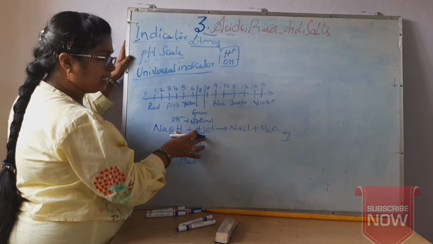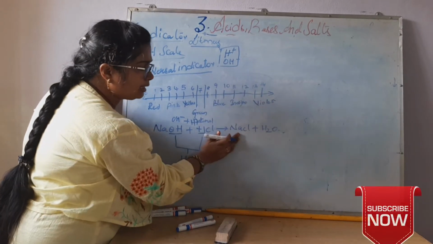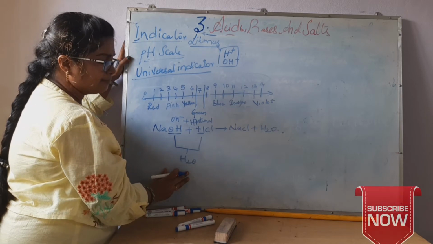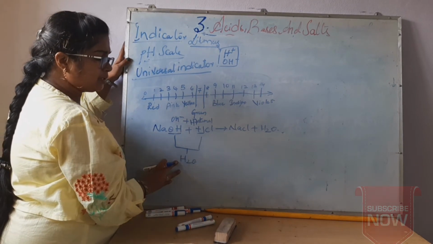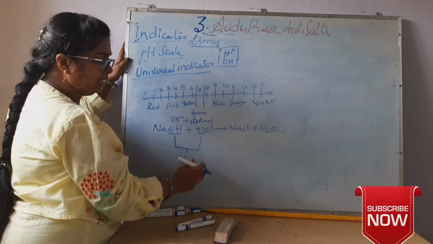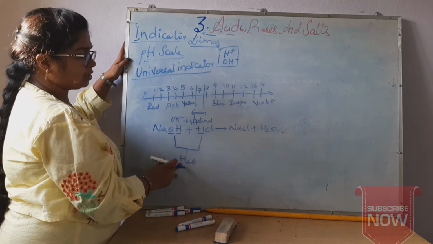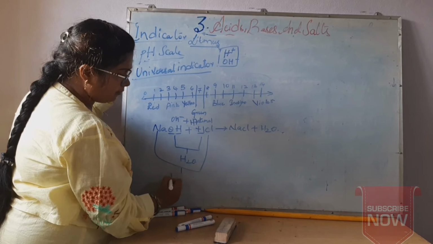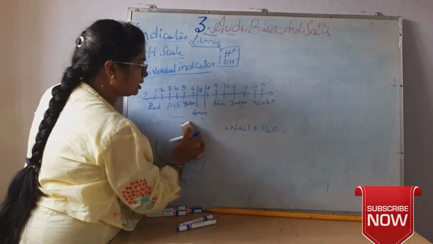These two combine and get neutralized and form salt plus water. See, it also consists of hydrogen concentration, isn't it? This is a neutralization reaction. OH minus and H plus will go to H2O, and the rest will form a salt. Now see, it is a neutralization reaction.